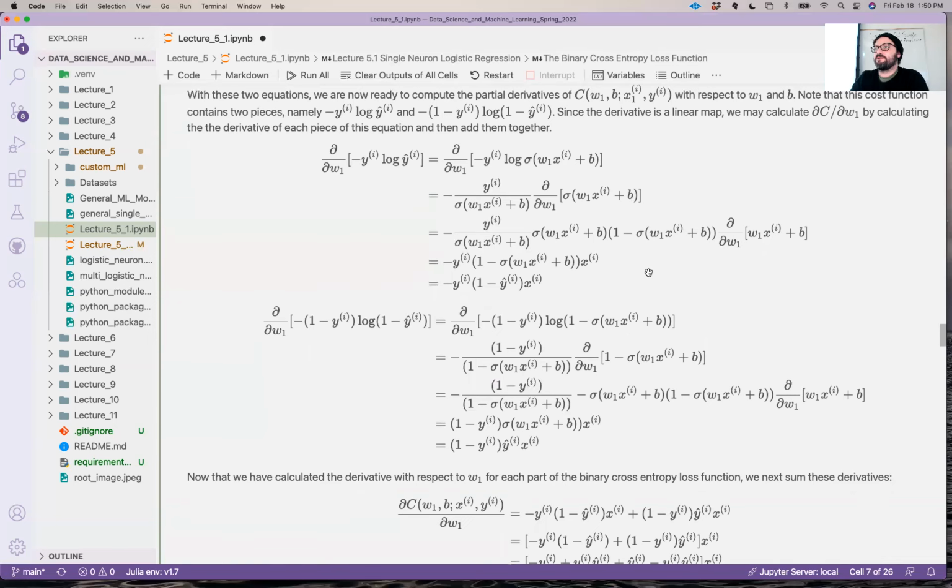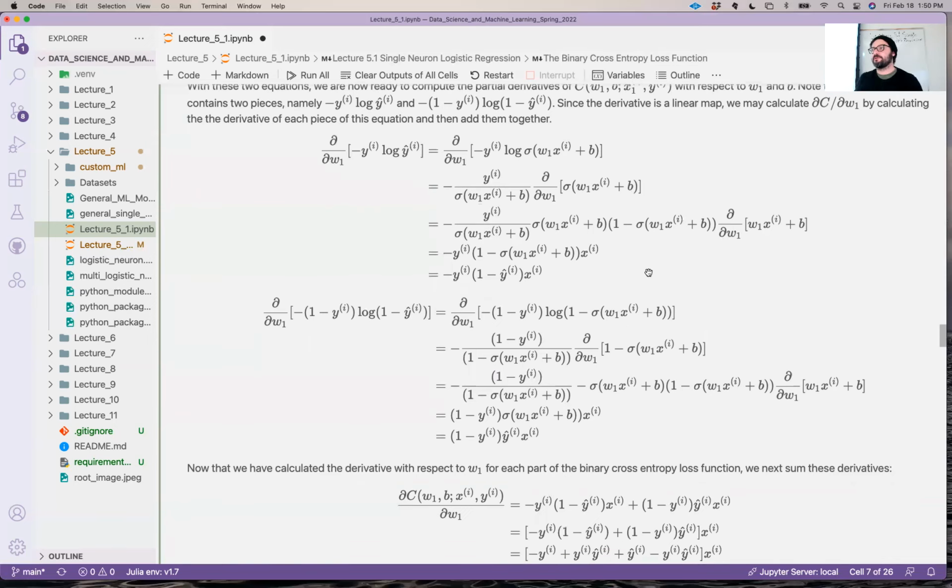We'll get to that in a moment. We have to take the derivative with respect to the bias as well, but first, let's get this second piece out of the way. So negative 1 minus yi over the inside of the log times the derivative of the inside becomes this, and then times the derivative of the inside of the sigmoid.